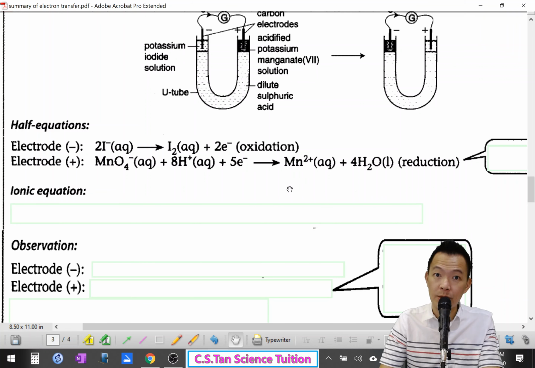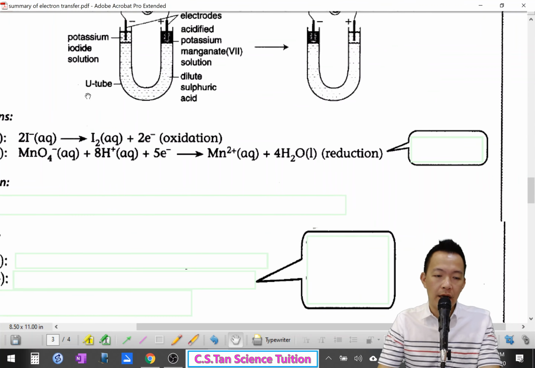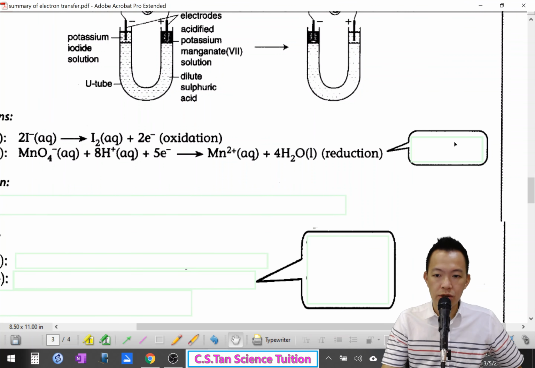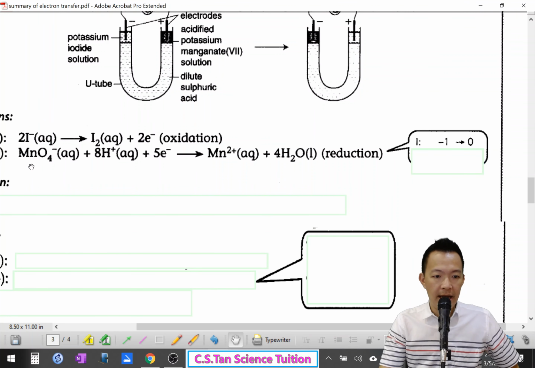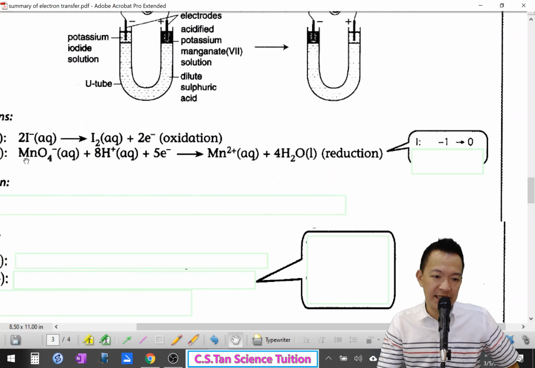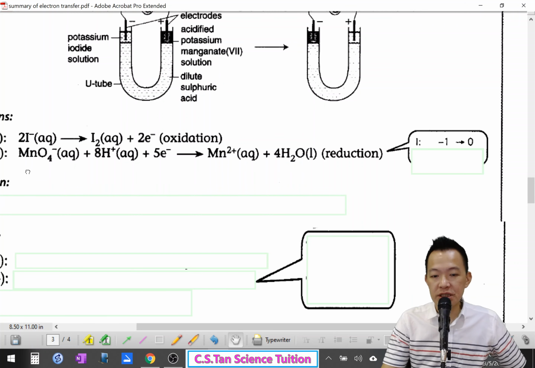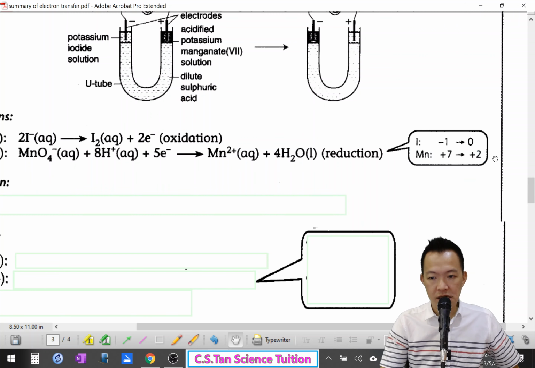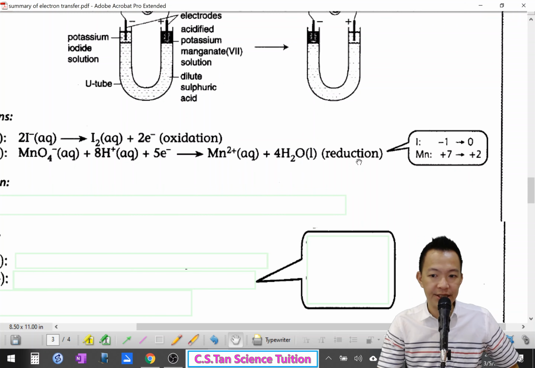Or try to learn how it works. Okay, 4 marks. Negative 1 becomes 0, oxidation. Manganese in the manganate, if you still remember, positive 7. So positive 7 becomes positive 2. So it decreased. This is reduction.